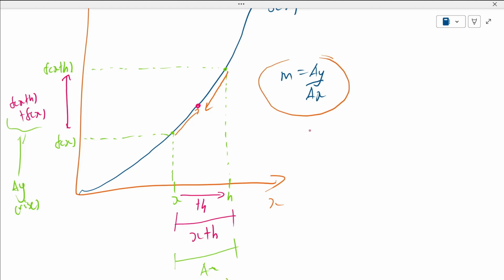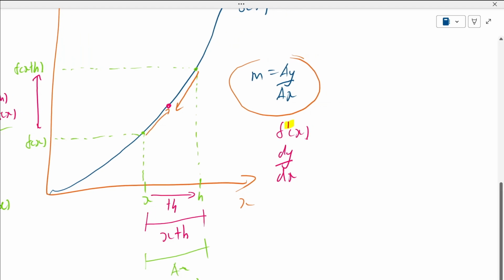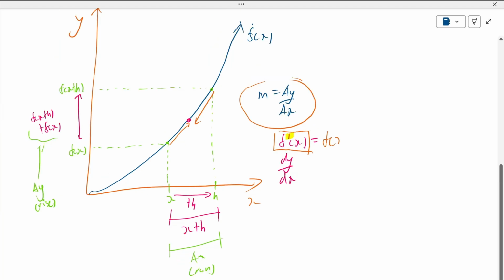We usually denote it by f dash of x, so make sure you include this dash, or you may see it as dy over dx. We're going to be using this notation, f dash of x, the gradient function of x. If we refer to our delta y first, our rise, it is f of x plus h minus f of x. Cool.